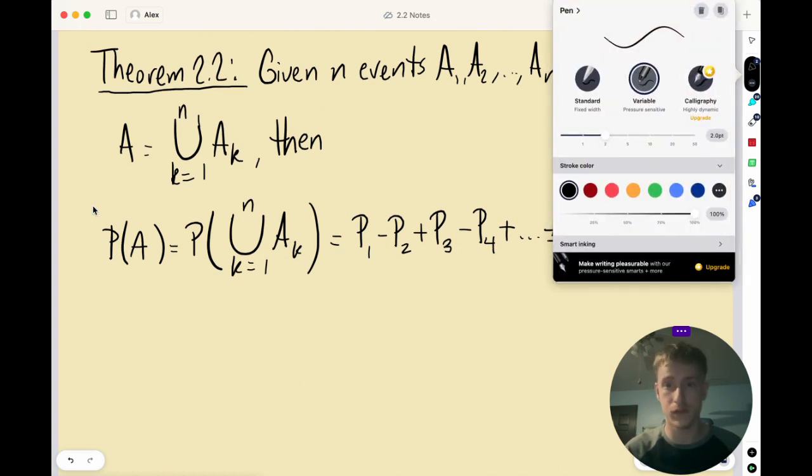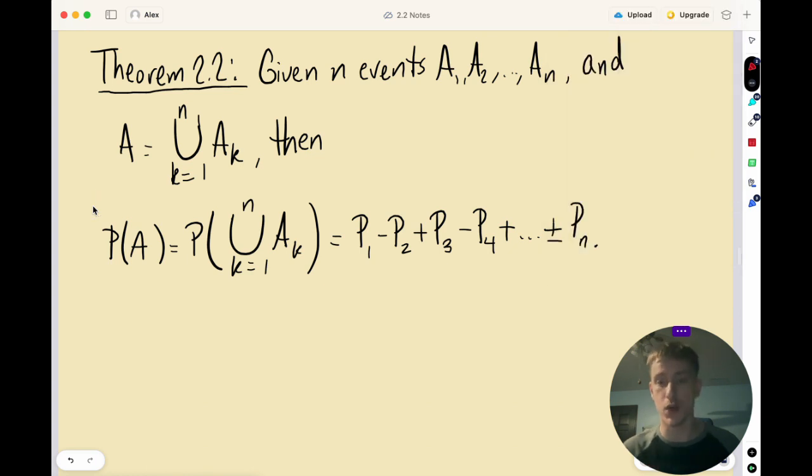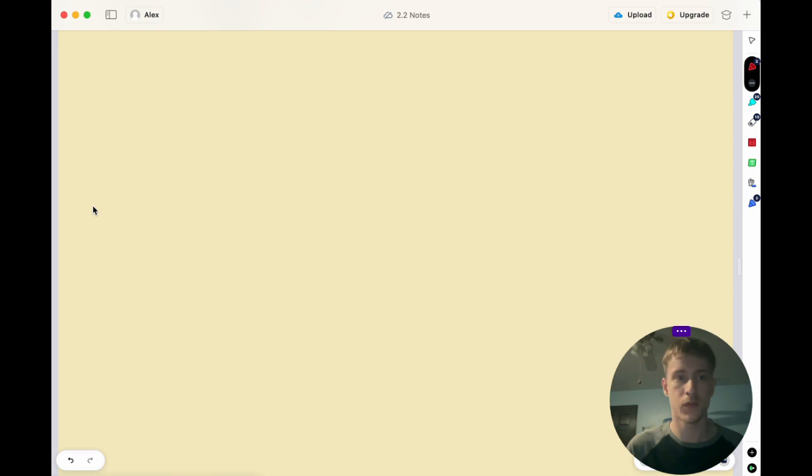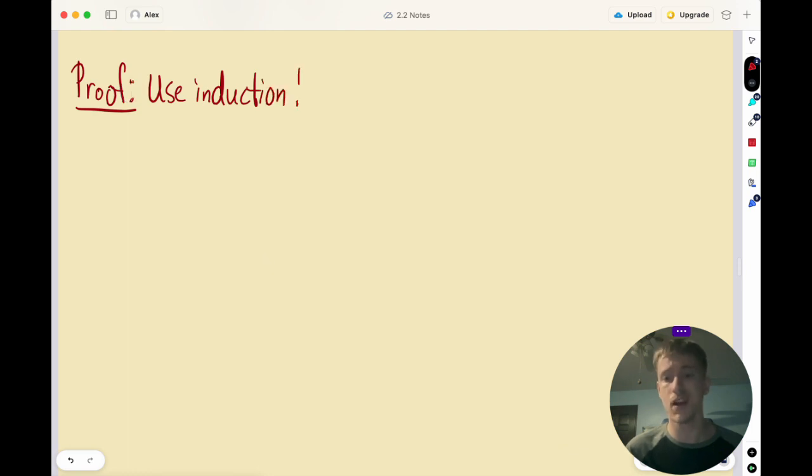Let's prove this. I'm going to try to go as carefully as possible, but the proof might get a little tedious, so I apologize in advance. I'm going to do my best. Proof. The sketch of the proof is that we're just going to use induction. So how does induction work?